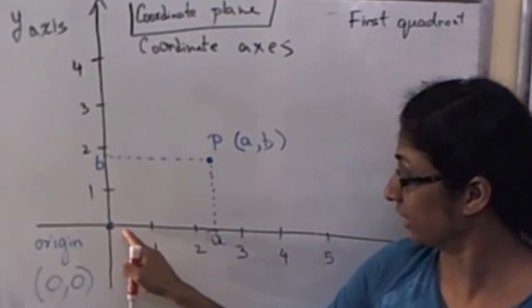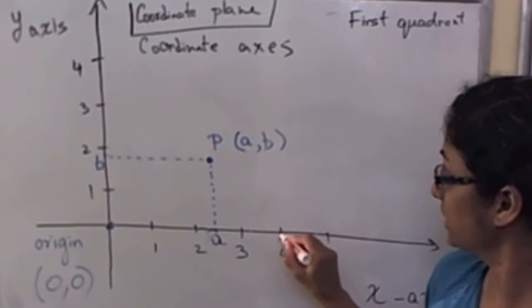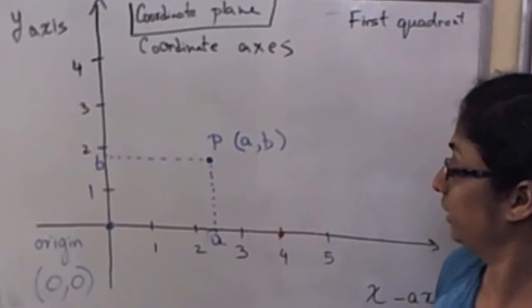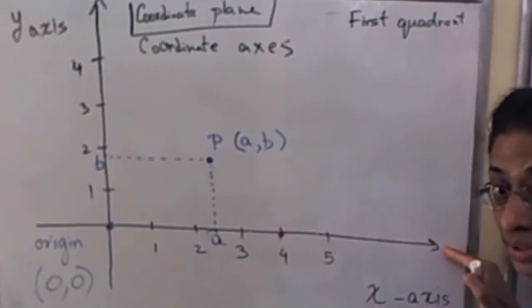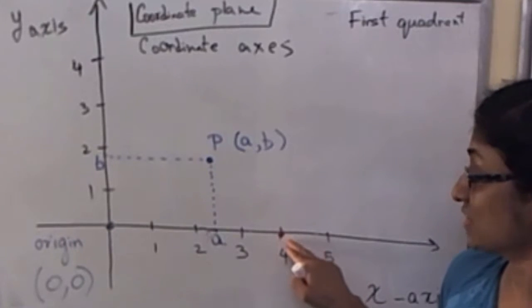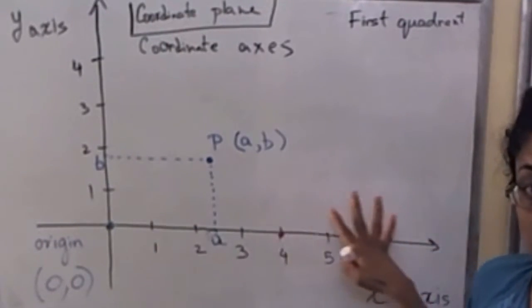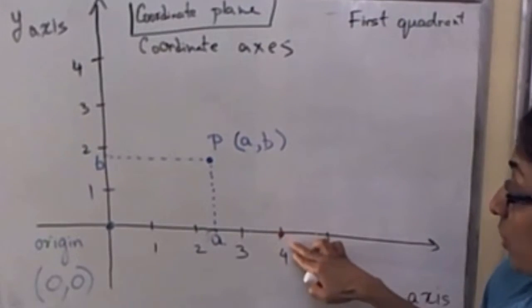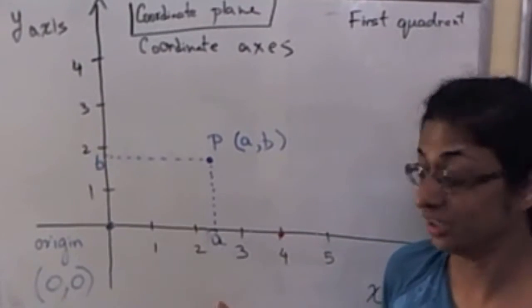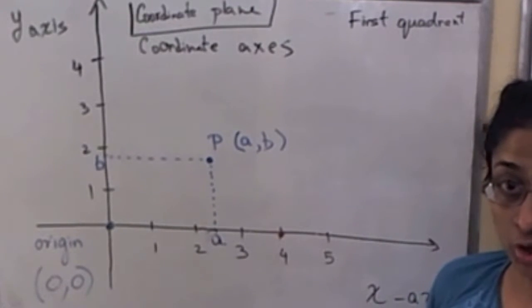So let's look at some points on this number line. Let's look at this point. If you're only focusing on this number line, we know that point's name is 4. But if you view this red point as a point in this first quadrant, as a point that belongs to your plane, then we should be able to name it in this manner by an ordered pair.